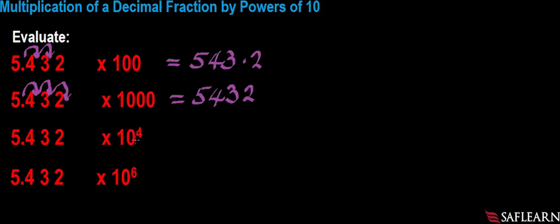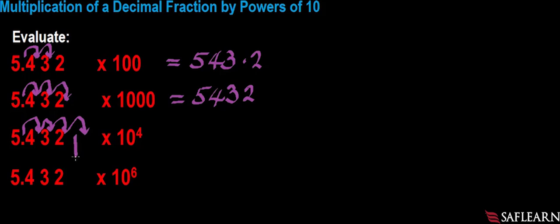Now in this case, we have the same number multiplied by 10 raised to power 4. The power here is 4, so what we need to do is move this decimal point 4 places to the right. So we have 1, 2, 3. Now we still have one more space to go, but the number of digits are exhausted. What do we do? Let's complete the 4 spaces to the right, and that's 4.